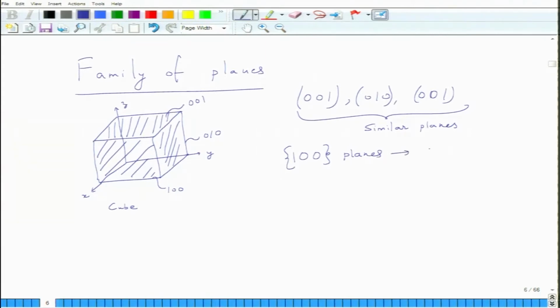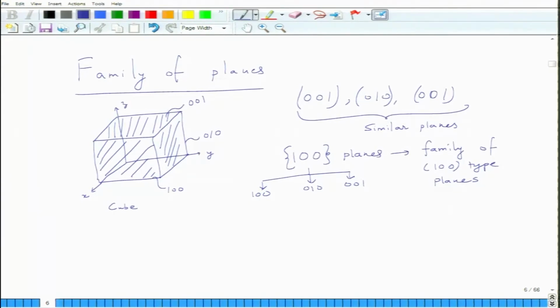So, this would mean a family of 1 0 0 type planes, but only valid for a cubic system, okay. So, 1 0 0 here would imply 1 0 0, it implies 0 1 0 and it implies 0 0 1, okay.